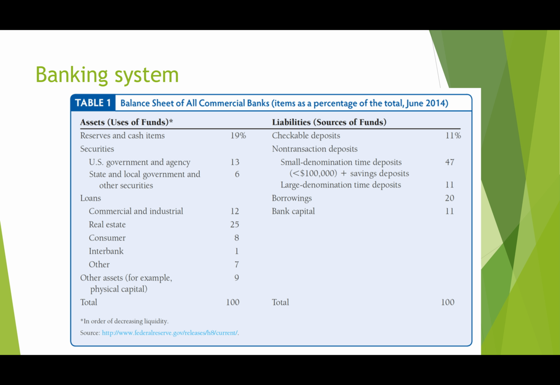So the liabilities come to 89. So 100 minus 89 would give 11. That gives you what the bank capital or net worth would be. Those two things have to match, net worth and bank capital.